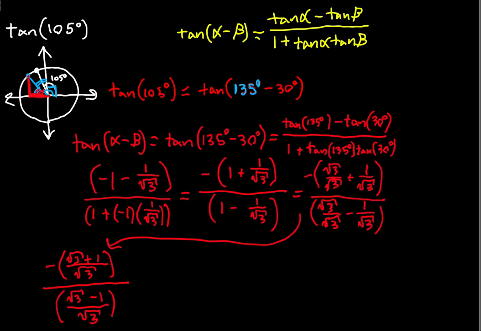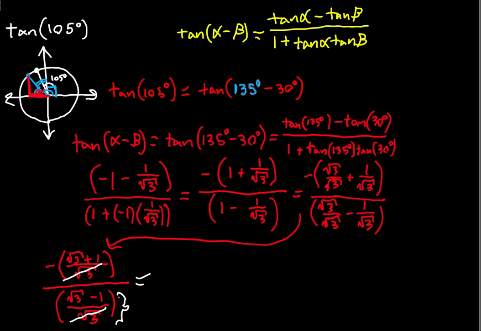Almost there. We're going to be multiplying by the reciprocal by dividing by this fraction here. So what's going to happen is that this is going to cancel out with this, because we'll be multiplying by the reciprocal of this thing down here. So we'll be multiplying by square root of 3 over square root of 3 minus 1. So square root of 3's will cancel out.